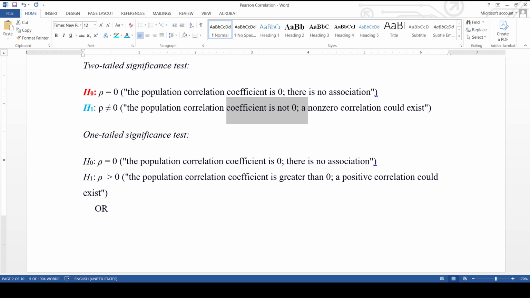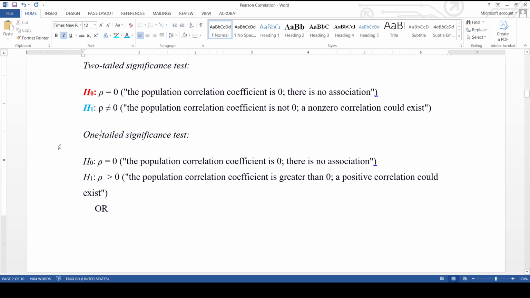So at the end of the day, when you have the answer, you can say, yes, the hypothesis set was correct and is therefore adopted. Sometimes the assumption you made is incorrect, and you reject it, which means your hypothesis is rejected. In doing so, the null and alternative hypotheses fall under the two-tailed significance test, and we'll see further examples on that as we go.